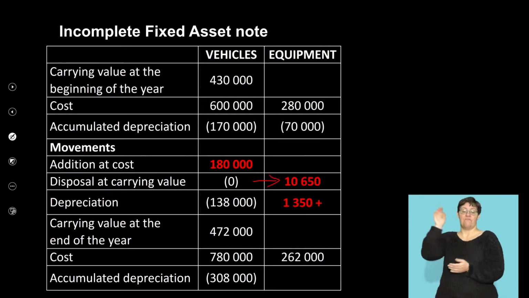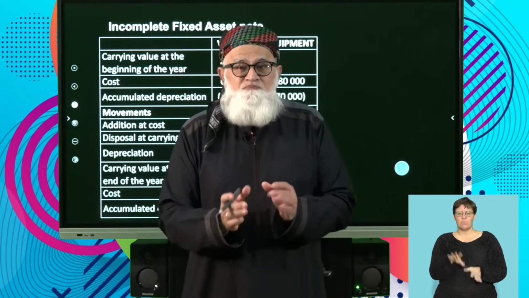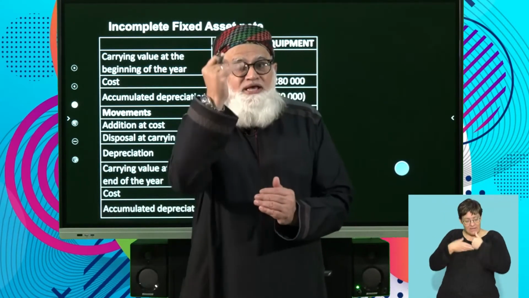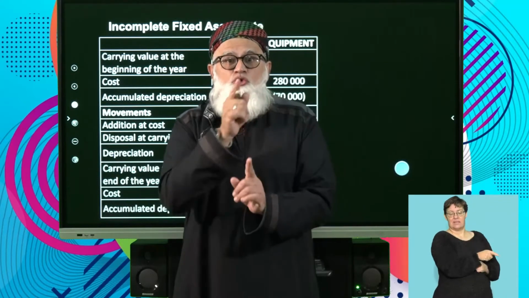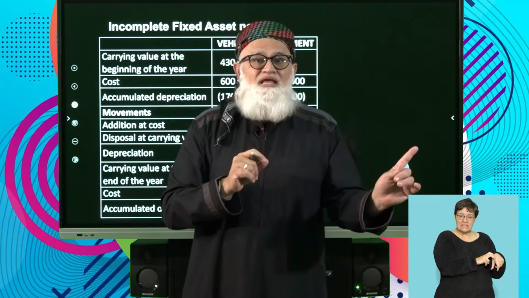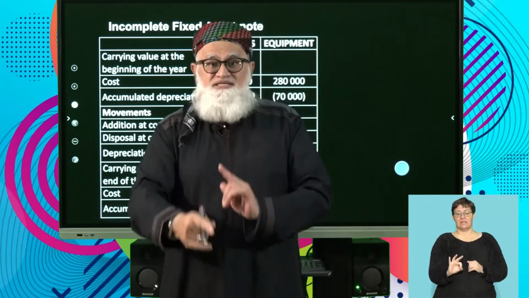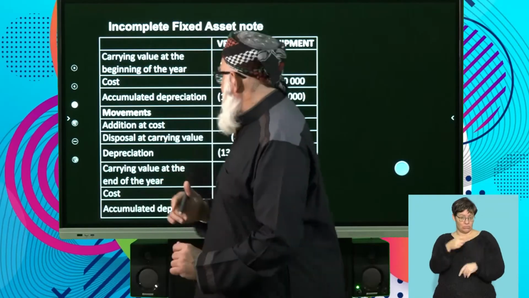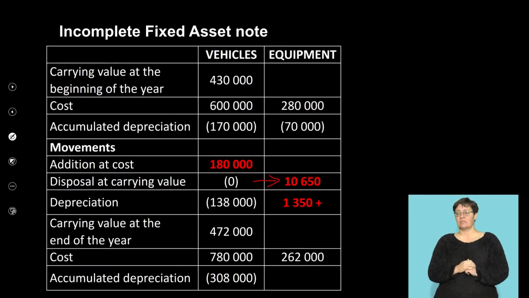Now, once again, what am I explaining to you? The purpose of that table gives you the carrying value in your calculation. And yes, you're going to need it for note number 3, because note number 3 says disposals at carrying value. Got it? Okay. Then we got the last one to calculate, and that was the depreciation on the remainder of the equipment. Let's have a look at it.